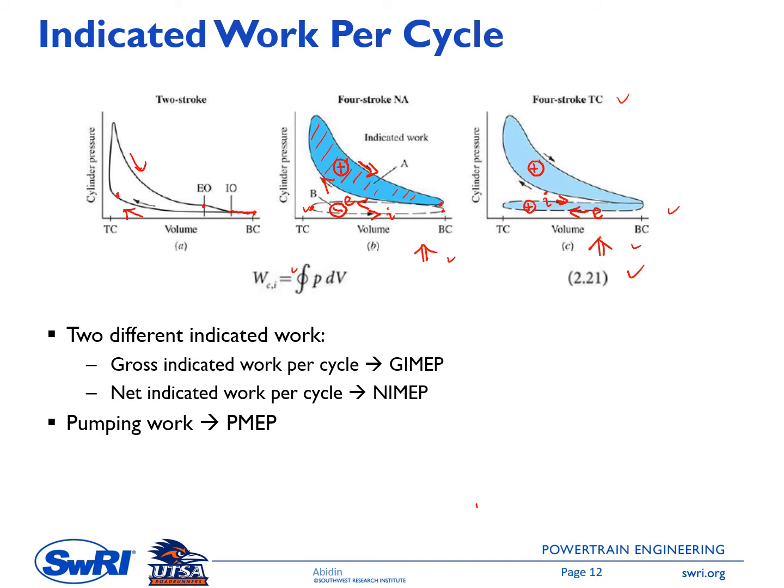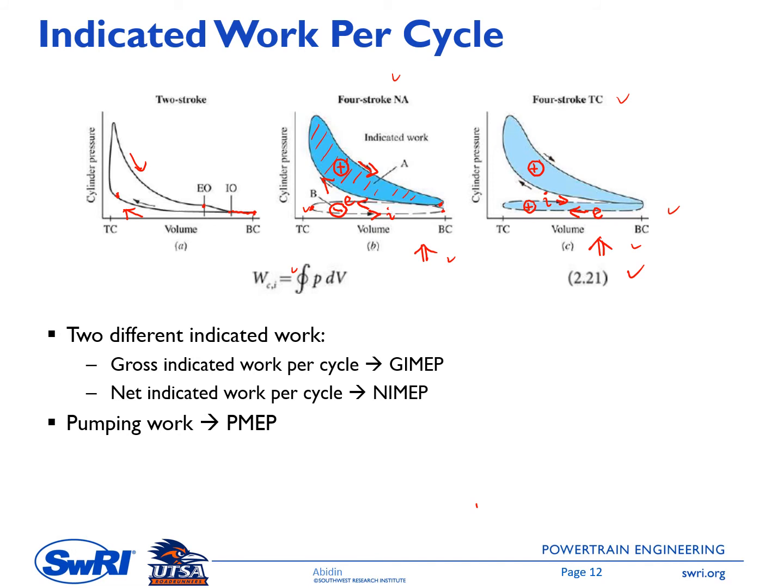The first is called gross indicated work, and this is per cycle for sure. This is the work delivered to the piston over the compression and expansion strokes only. Once again, over the compression and expansion strokes only. This is the blue color in the picture in the middle.